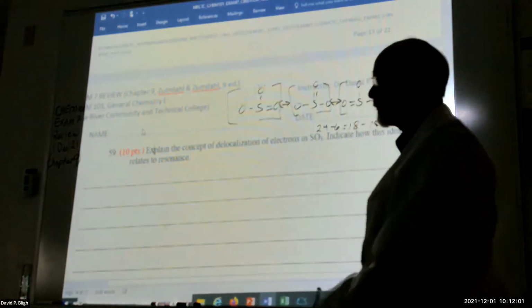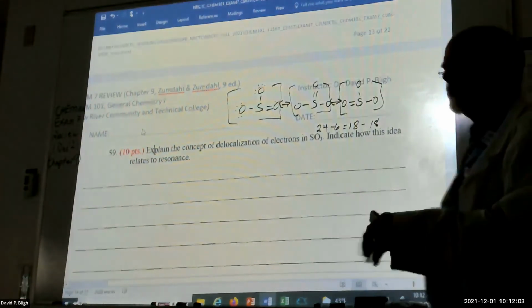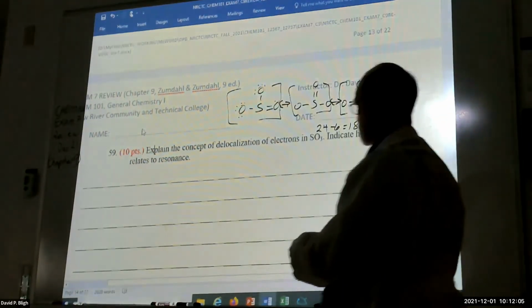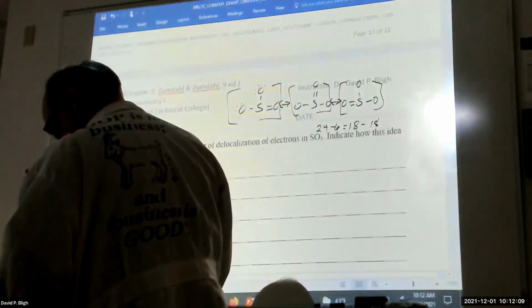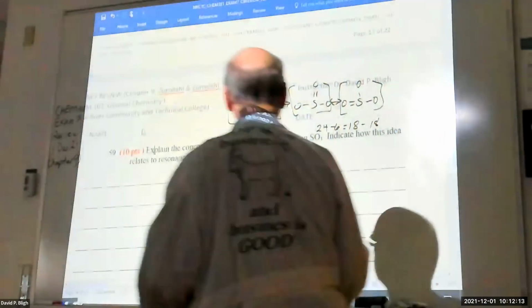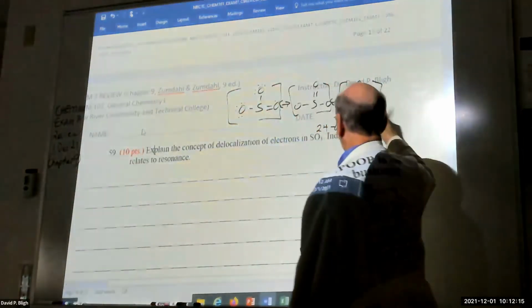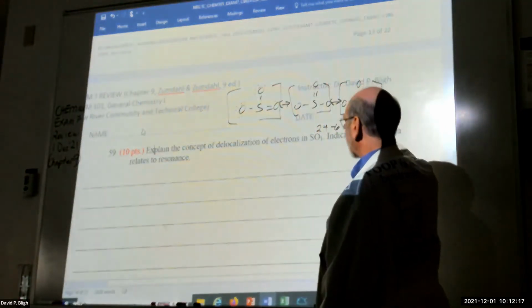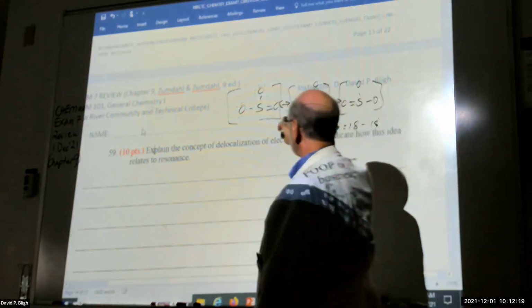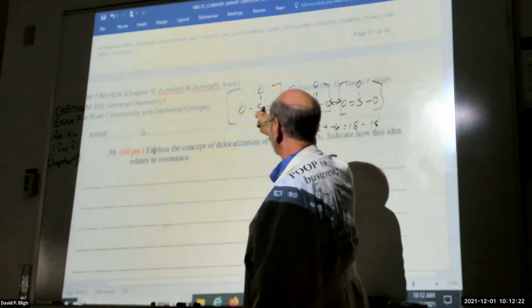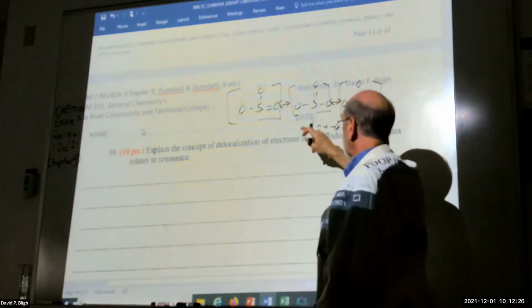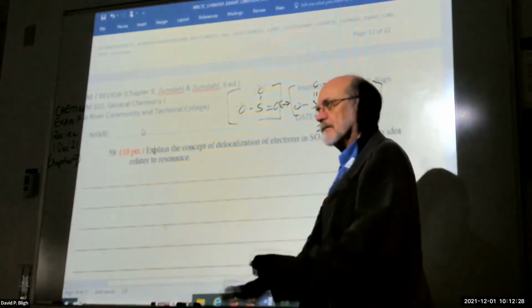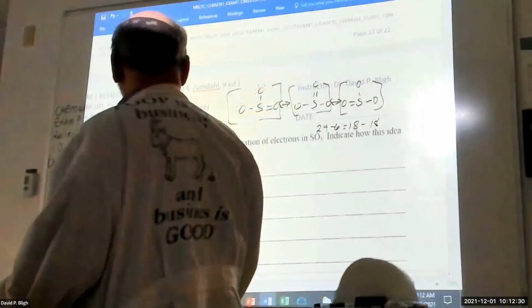We're resonating among three equivalent Lewis dot structures. And we do that because we need an octet on sulfur, and the only way to get it is to take one of the lone pairs from oxygen and make a double bond. But since all of these oxygens are equivalent, we can make 3 different double bonds.